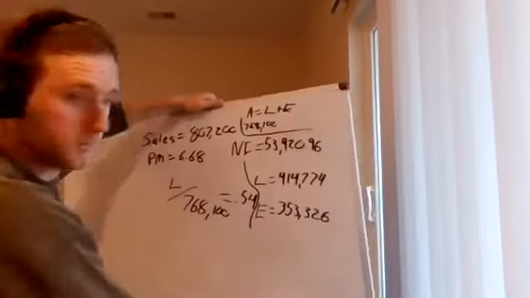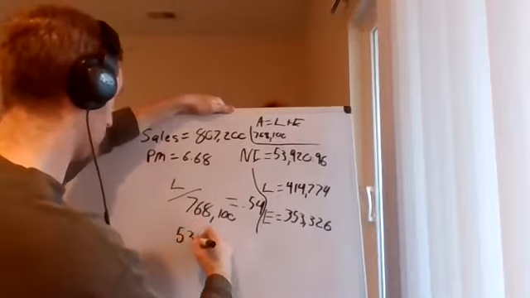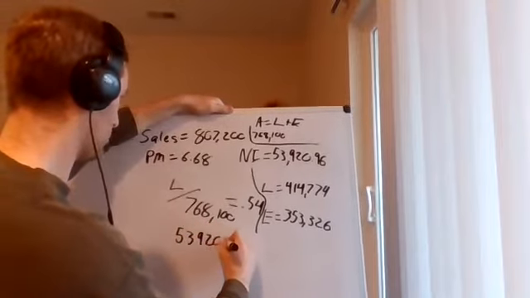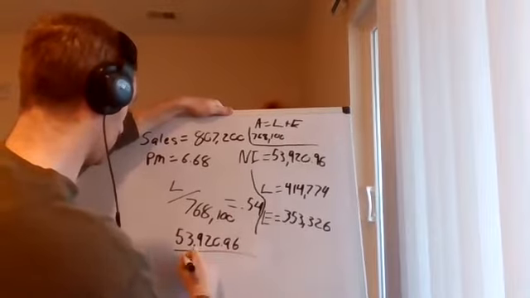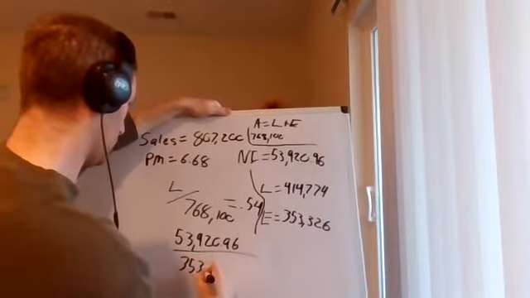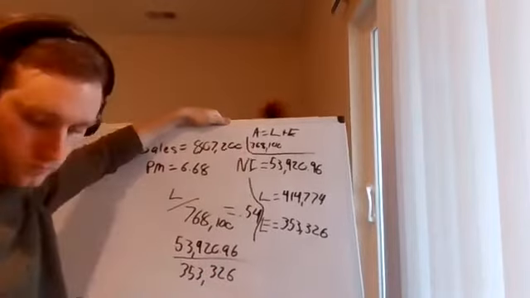So it'll be our net income, 53,920.96 divided by our equity, 353,326.